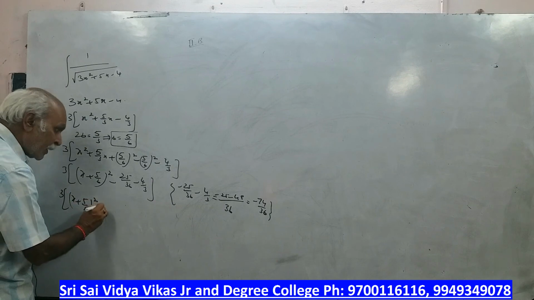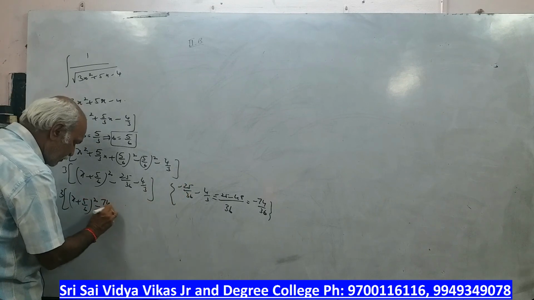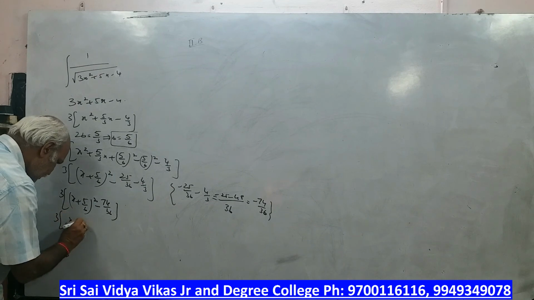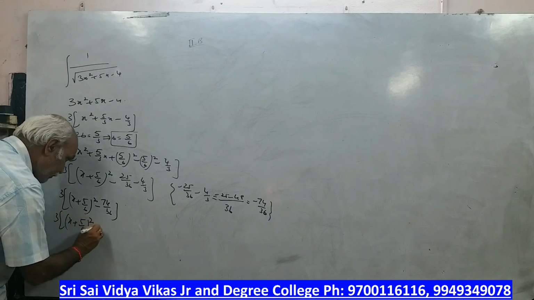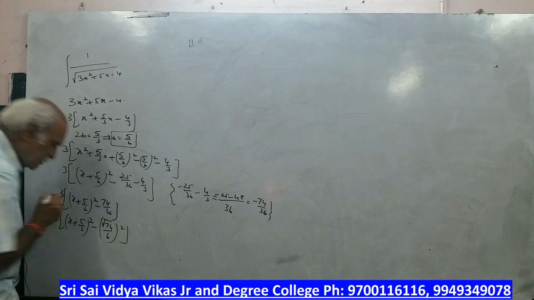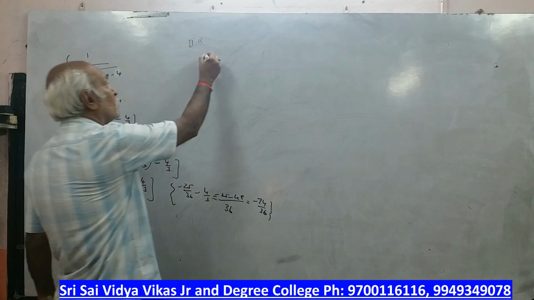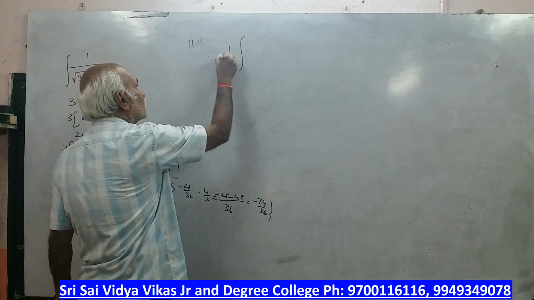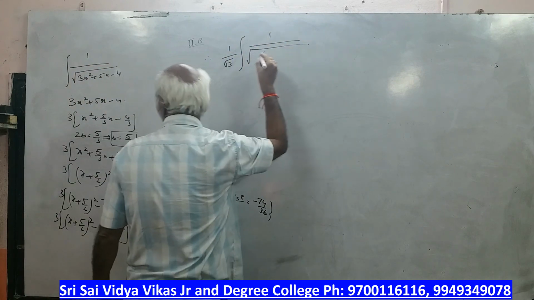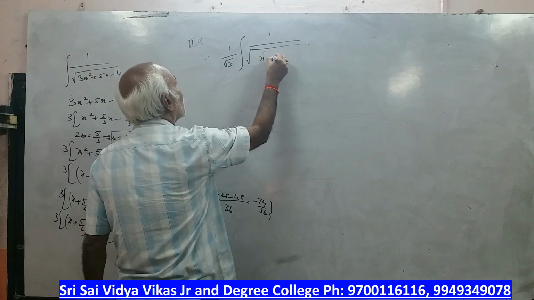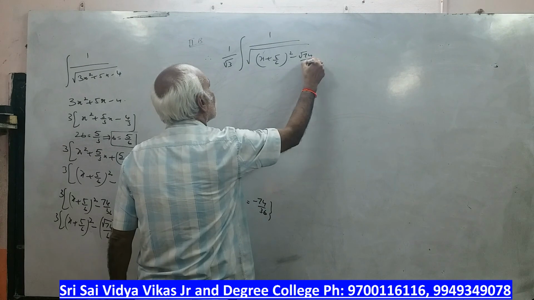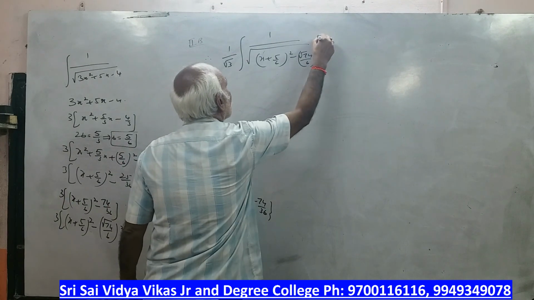Whole square minus 74/36. So 3 into (x + 5/6)² minus (√74/6)². Therefore, now the root is there. Root of... dx.